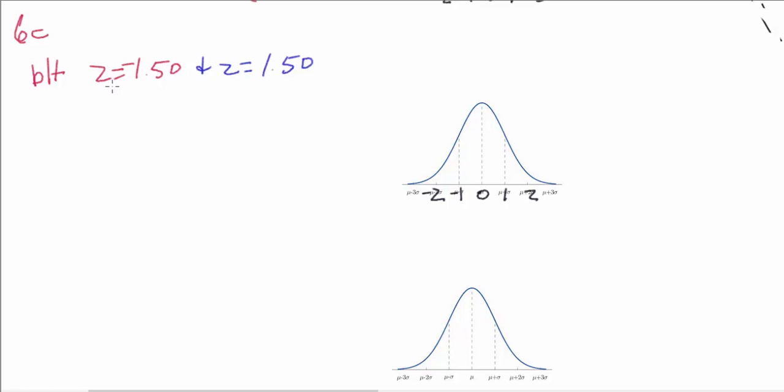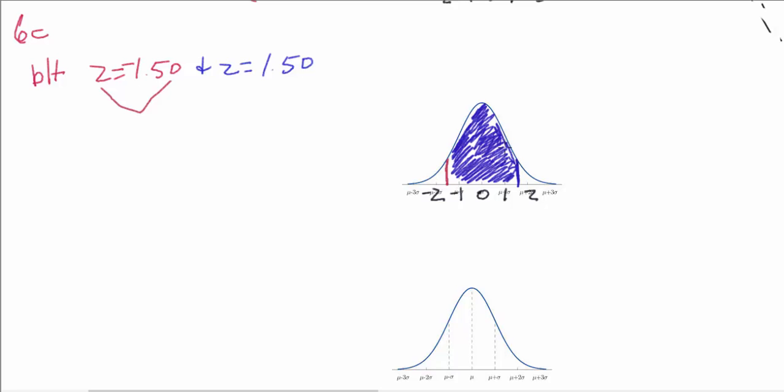On the left-hand side, we've got a z of negative 1.50. That's going to be halfway in between negative 1 and negative 2. On the right side, we have a positive 1.50, right in the middle of 1 and 2. And we want to know what proportion of scores is between these two. So I'm going to color all of this. This is what we are looking for.